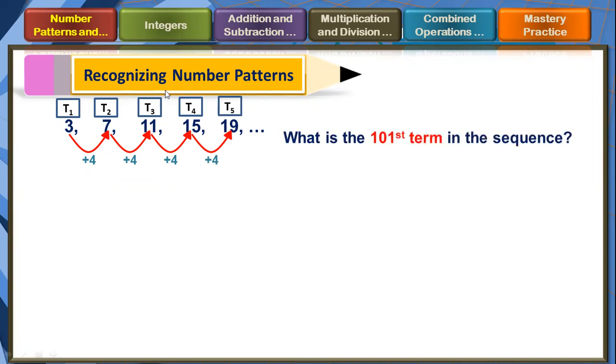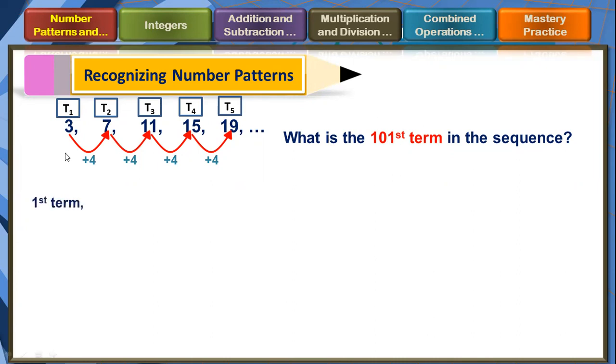Maybe you might think, okay, I'm just going to list it down, add 4 here and add 4 again. But this is the 101st term, which means you are going to spend a lot of time solving it. But there is a shorter way of finding it. All we have to do is find a formula, the number pattern that we should use to find this term.